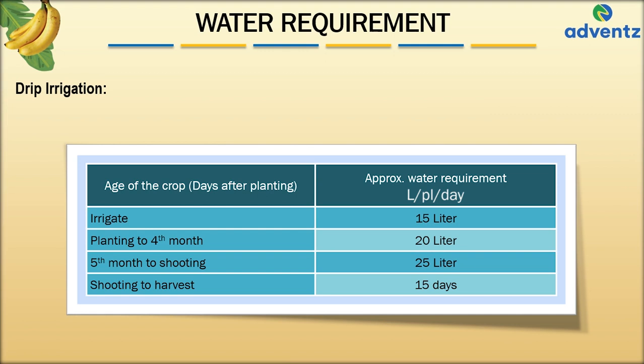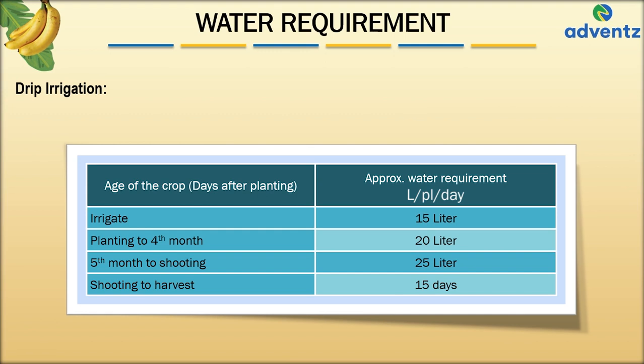From 5th month to shooting, the water requirement is 25 liters per plant per day. And from shooting to harvest, the amount of water required is 15 liters per plant per day.